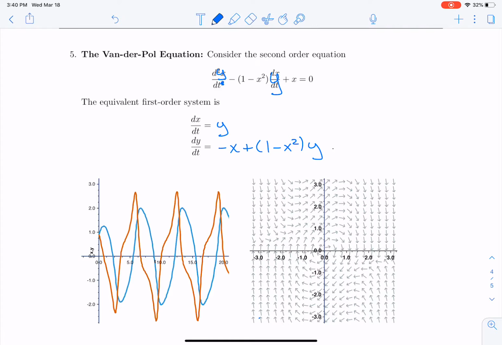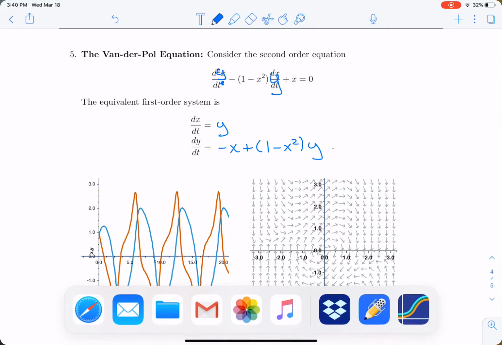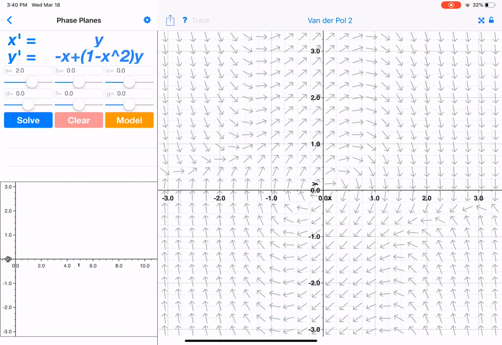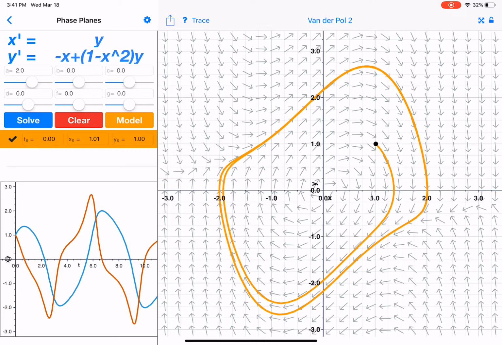Now I claim that this system has a periodic solution like the one that you see below, but I think we should first look at it in SLOPES to see that that's the case. So here we have the phase plane for the van der Pol system. If you'll notice, if I click on a solution, you'll see that the solution spirals outward towards what I think is a periodic solution.